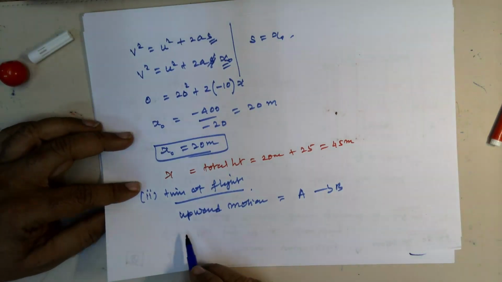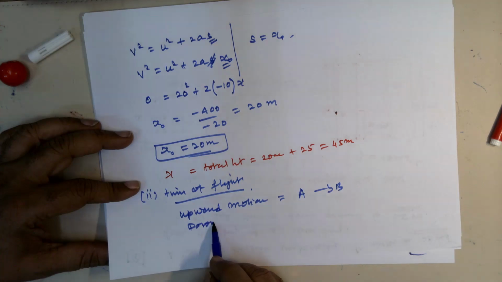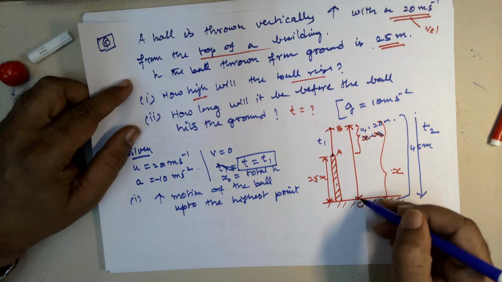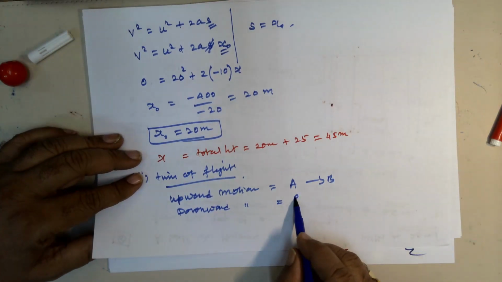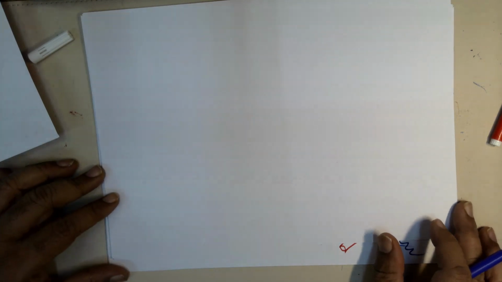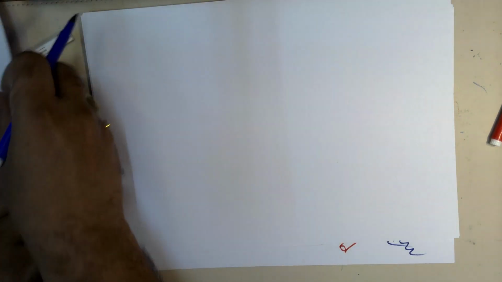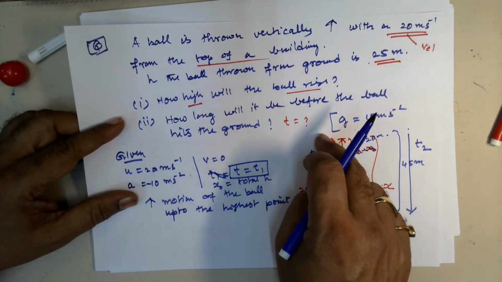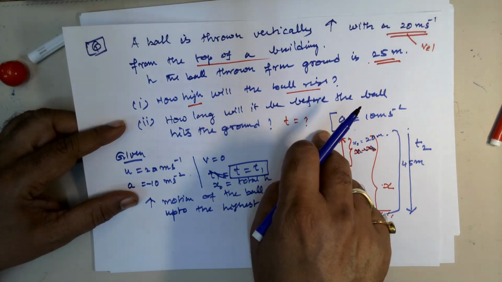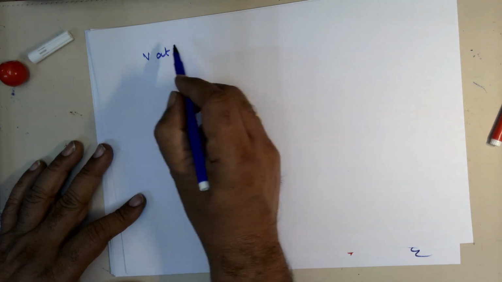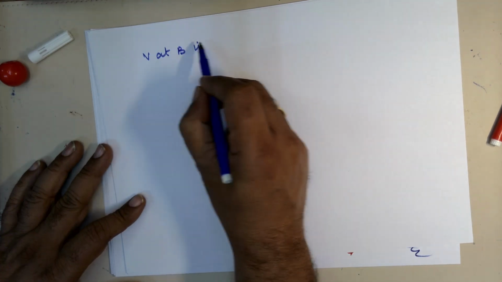And the downward motion is B to C. Okay, right. Now, velocity at B, you know. When it reaches the maximum height, what is the velocity of the ball at the maximum point? That will be zero. So V at B is zero.